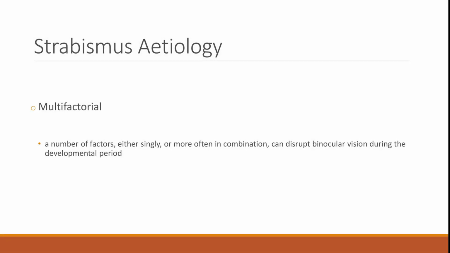Coming to the etiology or underlying cause of strabismus. There are different causes which may lead to the development of strabismus or squint. If you disturb binocular vision during the developmental period, it may lead to strabismus.